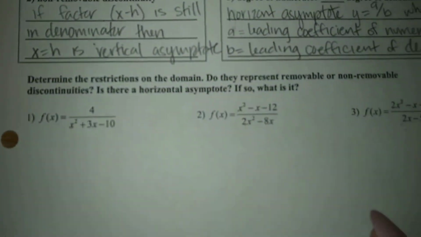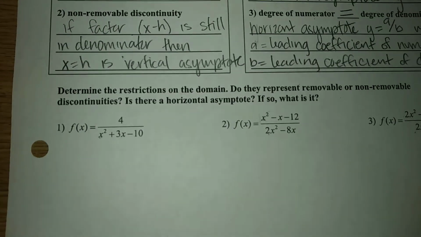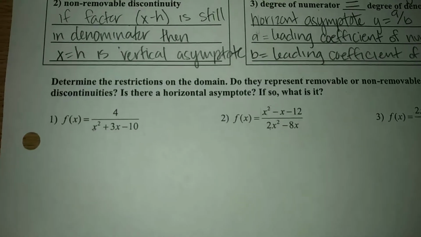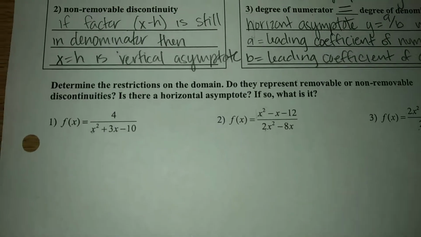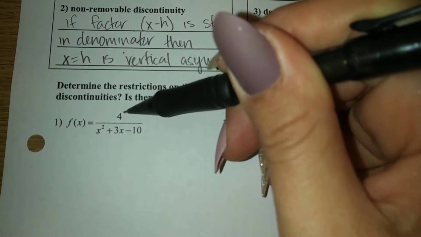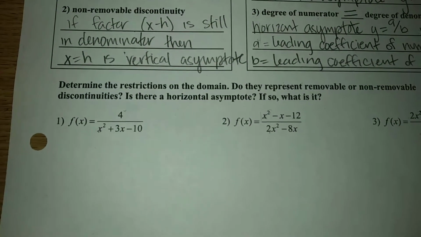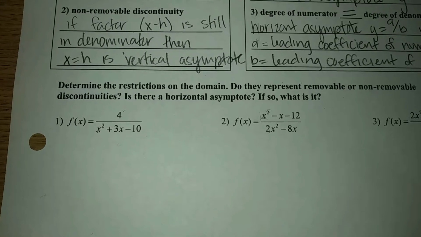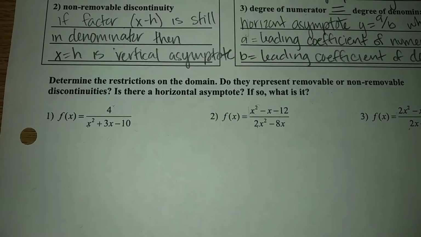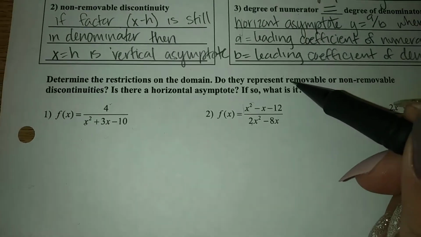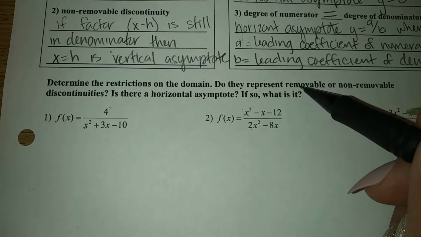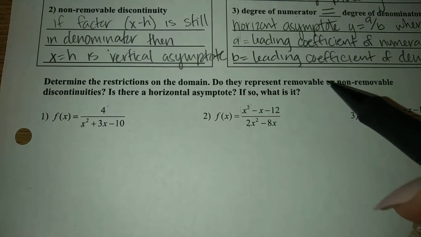So, going to number 1, we see that our exponent here, first of all, we know that there's no removable discontinuity.